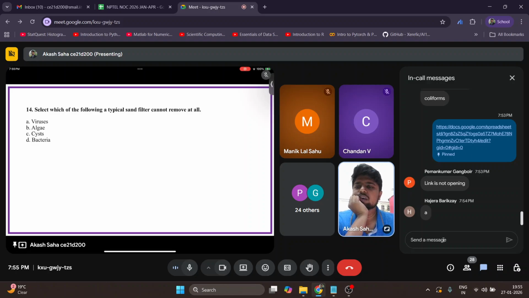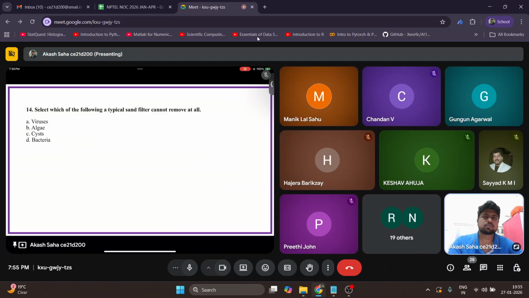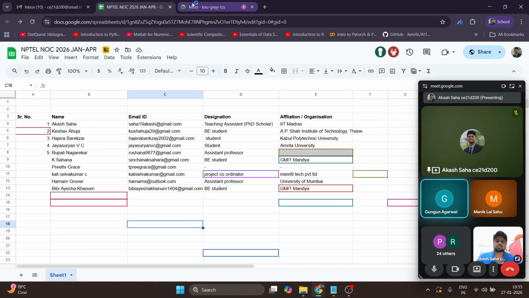Which of the following can a typical sand filter not remove at all? Okay, so you have to tell me which of them cannot be removed by the typical sand filter. Algae. Option A, viruses.